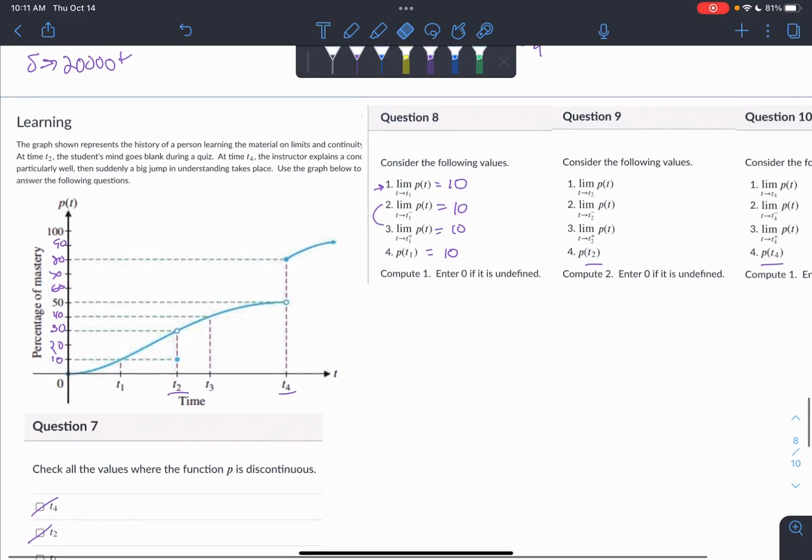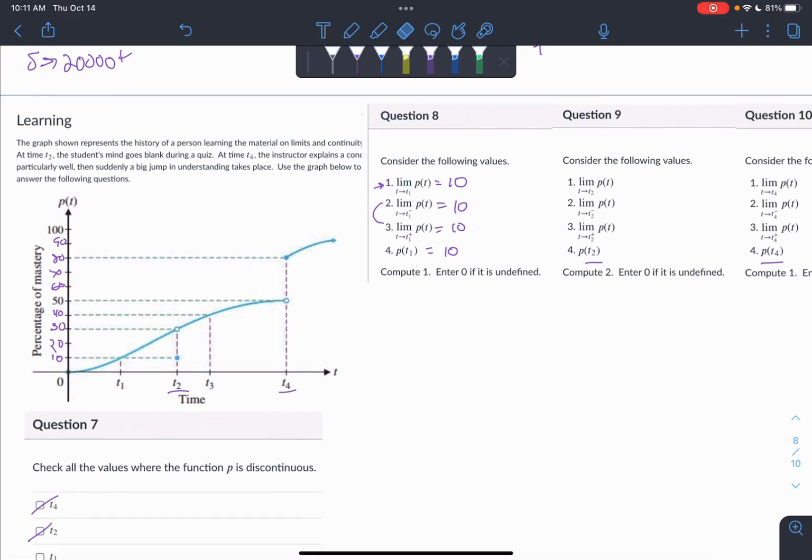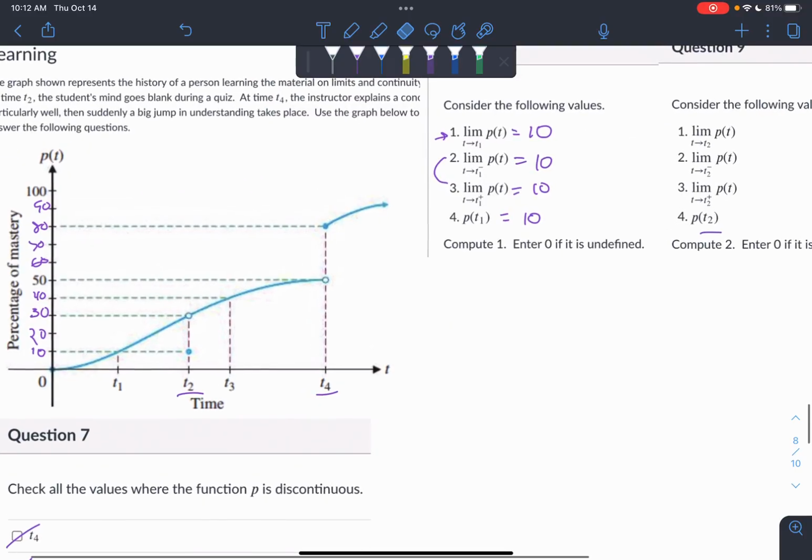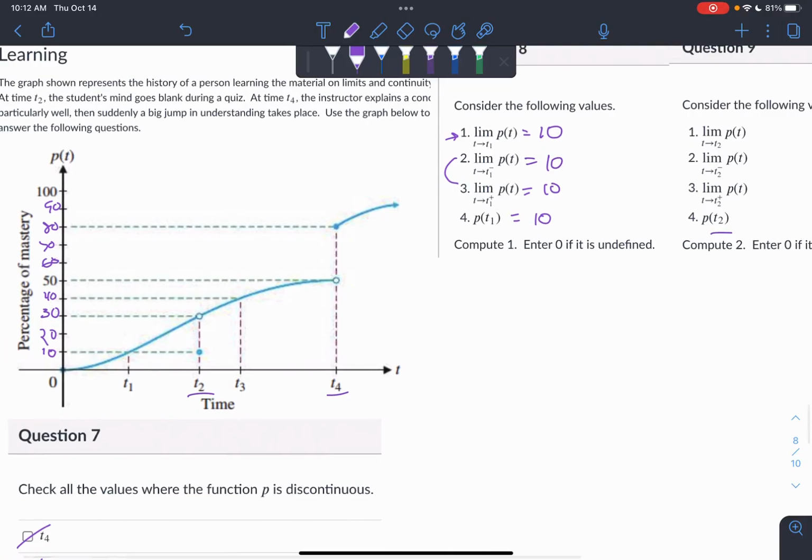And anyway, question 9, we're looking at part T2. So again, I'm going to do parts 2 and 3 in order to answer 1. So coming from the left, tracing it, I'm reaching 30. Coming from the right, going right to left, I'm also approaching 30.